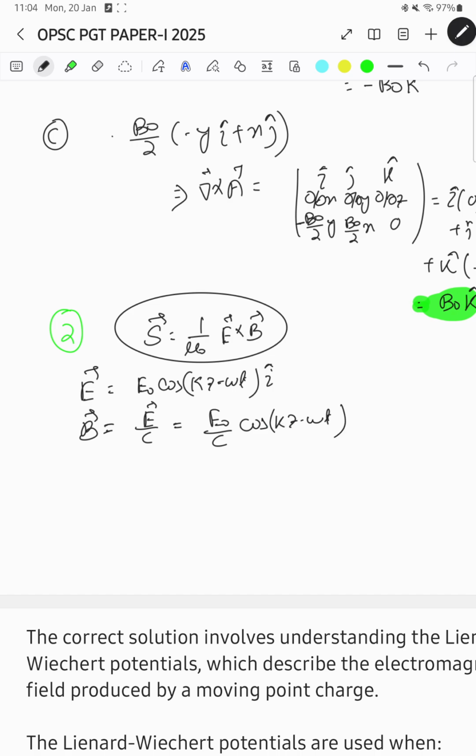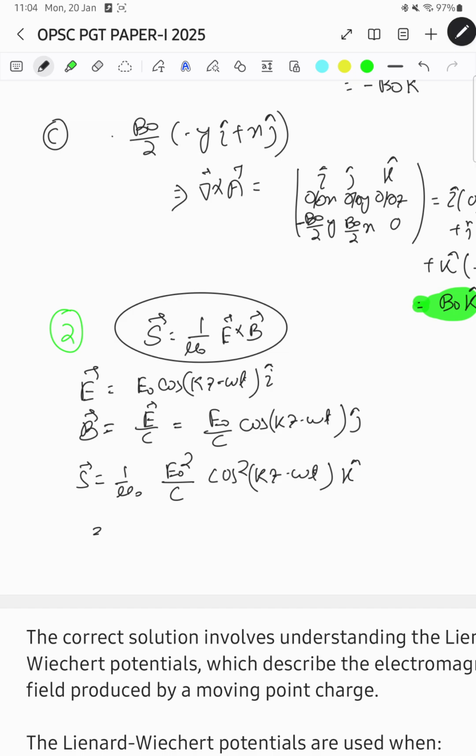And remember, when doing the cross product we have to take care of the direction. It will be j cap, because we'll get the S vector in the k cap direction. So when I do the cross product, it becomes 1 by mu naught, E0 square cos square(kz minus omega t), and i cross j is k cap.